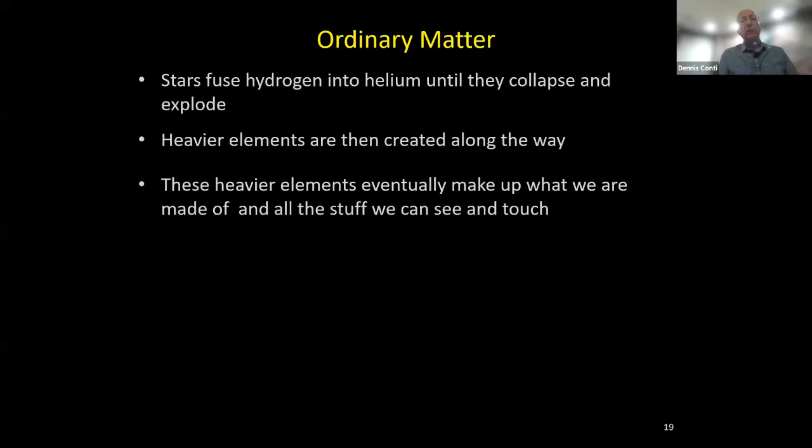And this is what makes us up and everything we can touch and feel. All of that is what we call ordinary matter. Stuff we can touch and feel that's made of atoms that make up molecules and so on.